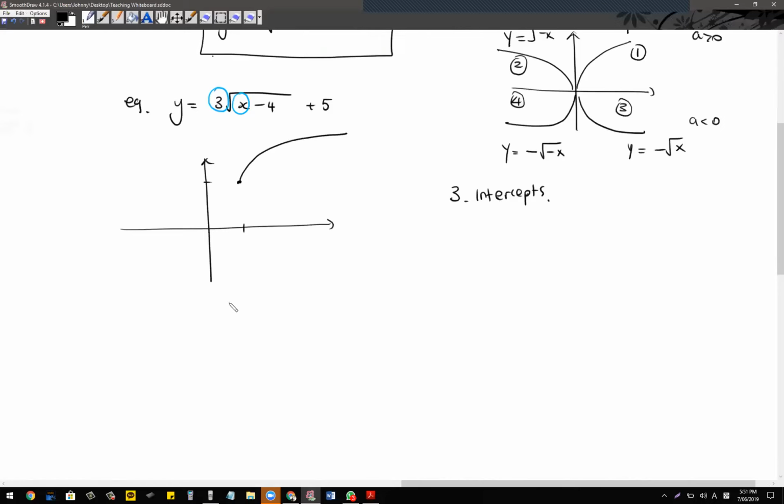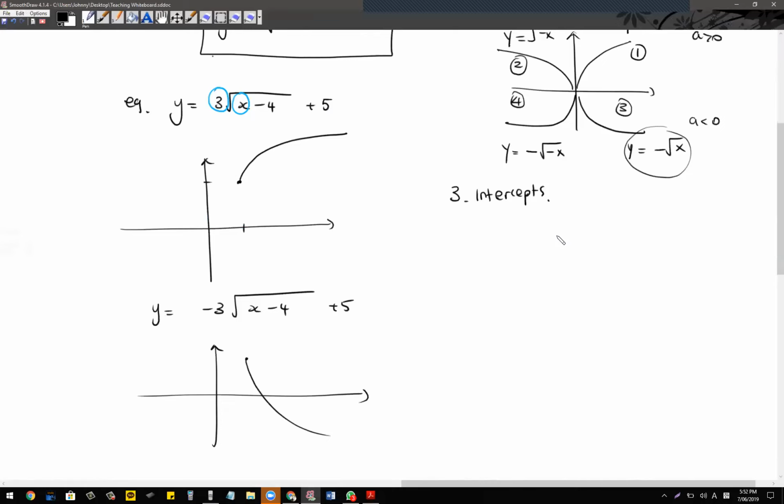If I have y equals negative 3 root of x minus 4, plus 5, it'll be (4, 5) here, and the orientation is negative, so it's downward. It's this one here. We can figure out that point because that's an intercept.